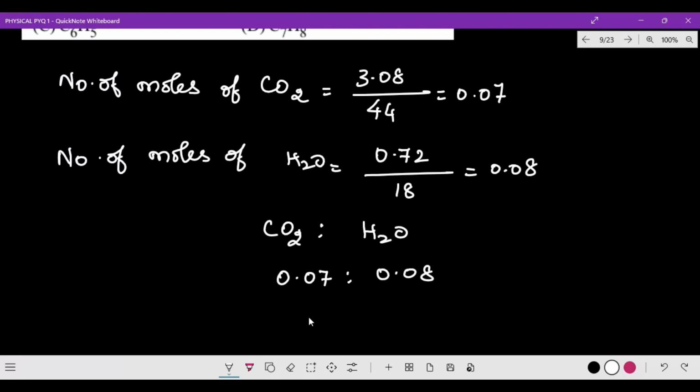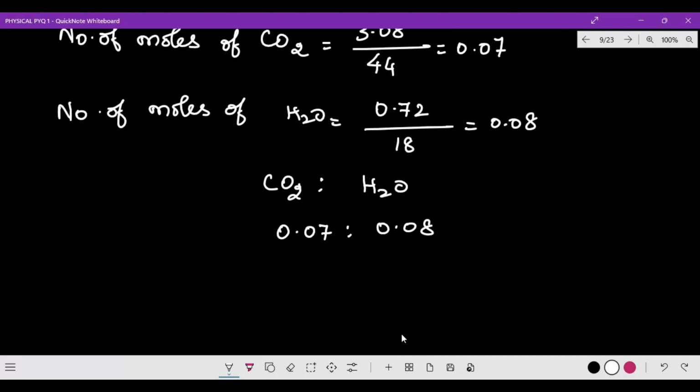Now we have to go for the simplest whole number ratio, dividing by the smallest number.